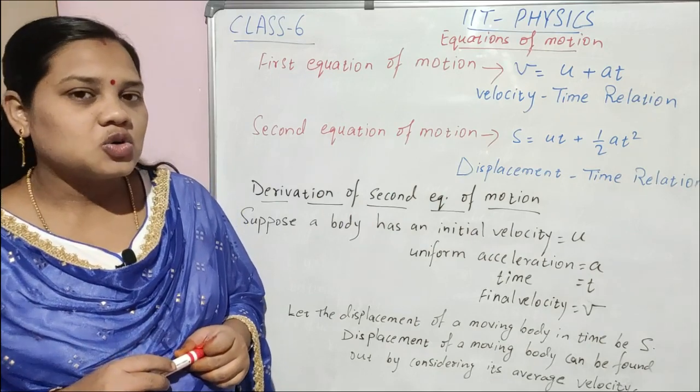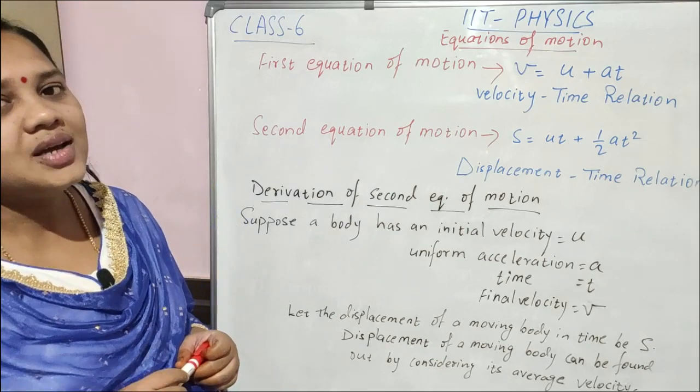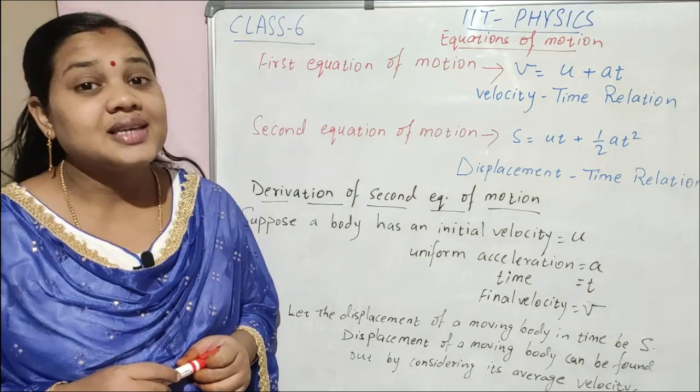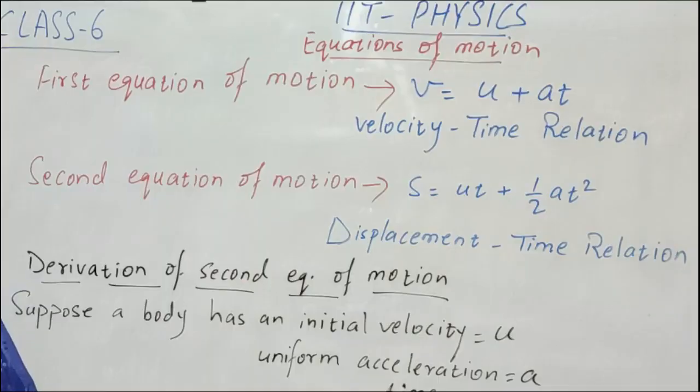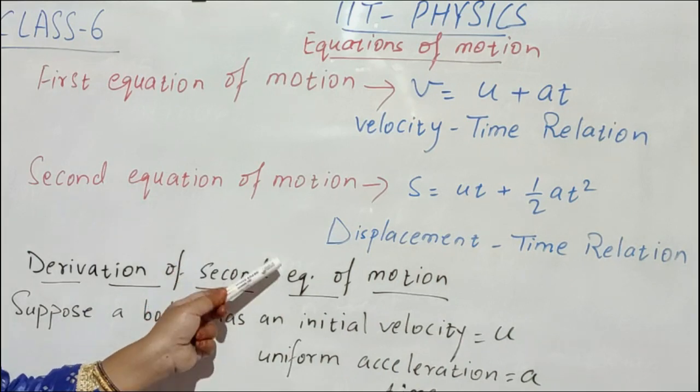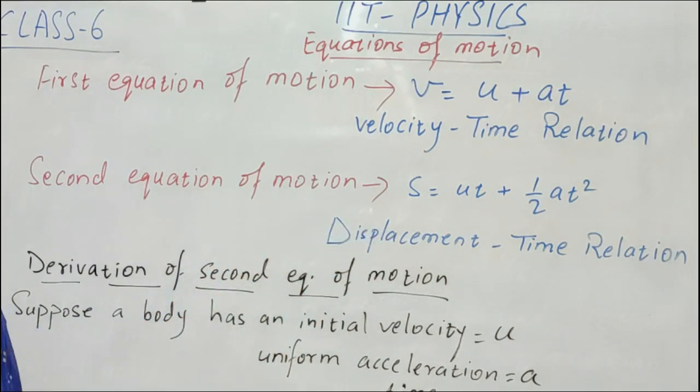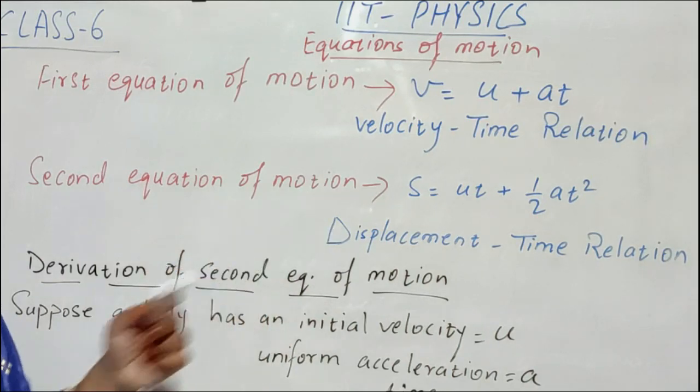Okay, now in today's class we are going to discuss the second equation of motion, that is S is equal to UT plus half AT square, and this relation is known as the displacement time relation. Clear? So the second equation of motion brings the relation between displacement and time.